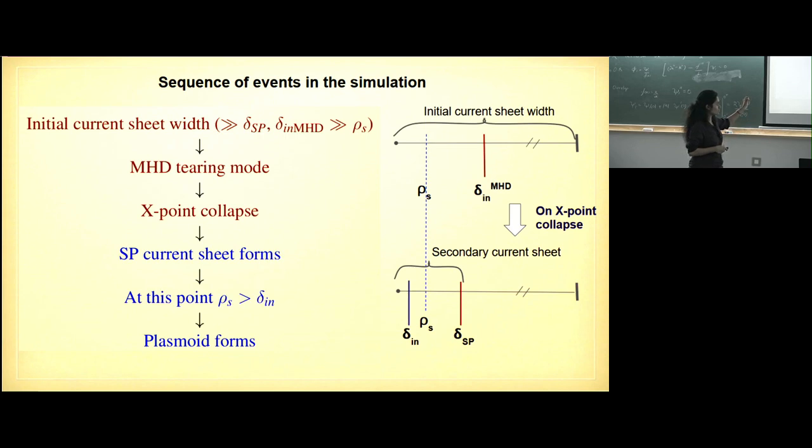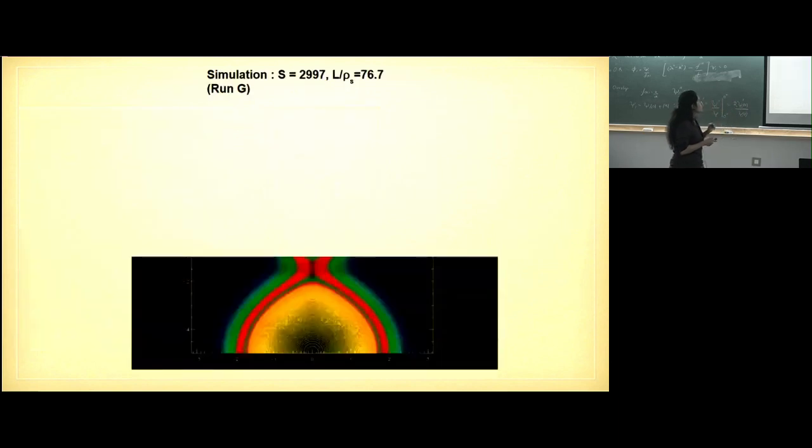The secondary current sheet has a width which goes as the Sweet-Parker scaling. At this point, the inner boundary layer of that current sheet is smaller than the rho s or the ion scales, okay? And we have entered the semi-collisional regime. And then a plasmoid forms and so on.